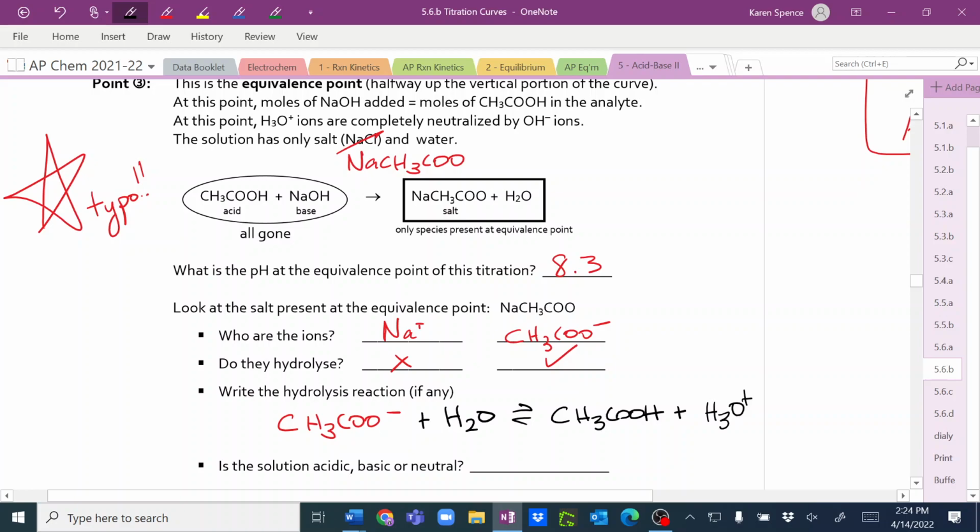No. Why not? Because our CH3COO minus accepted a proton, so what are we left with? OH minus. If we are left with OH minus, is our solution acidic, basic, or neutral? It is basic.